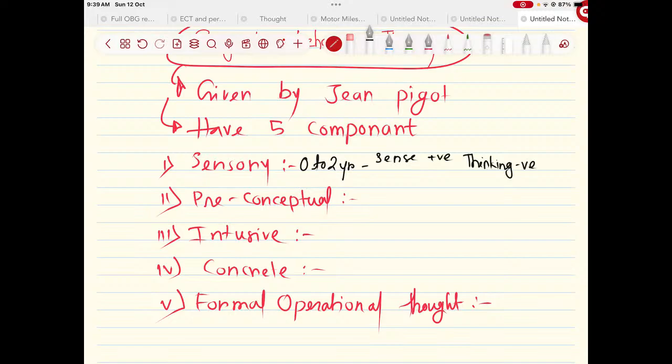And if we go to the pre-conceptual stage, 2 to 4 years, what happens here? Thinking ability is present, not fully, but simple thinking ability is present.